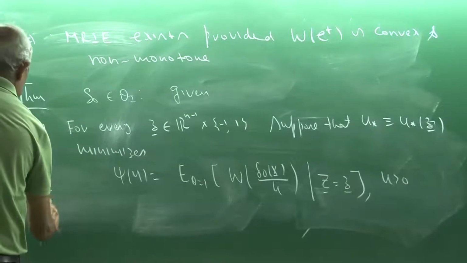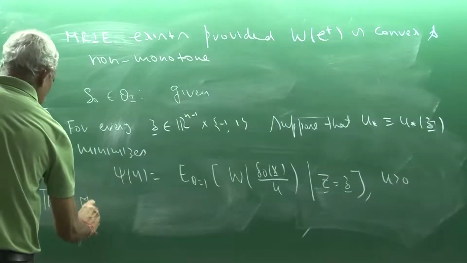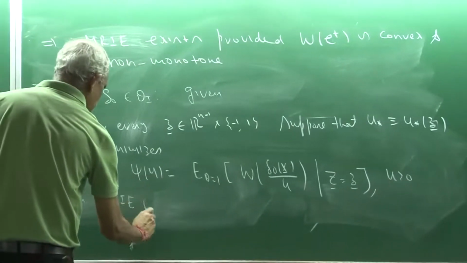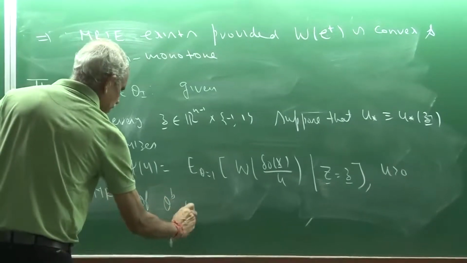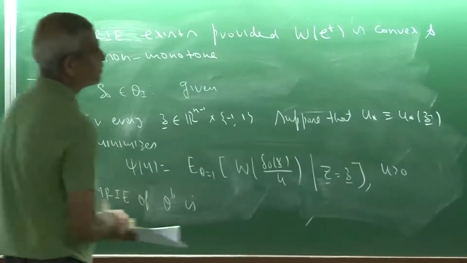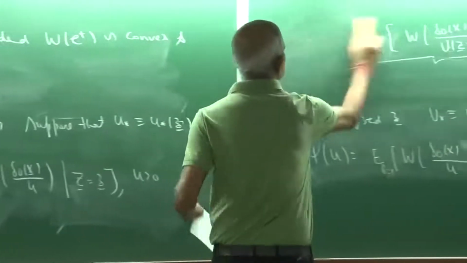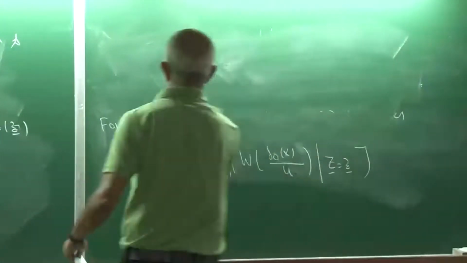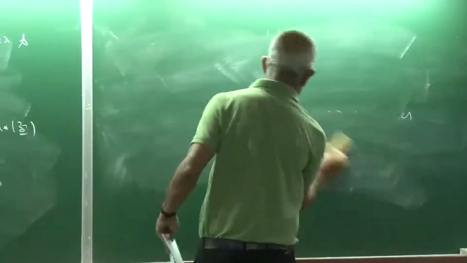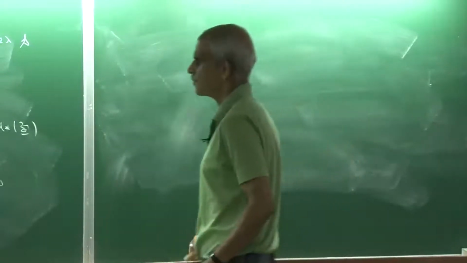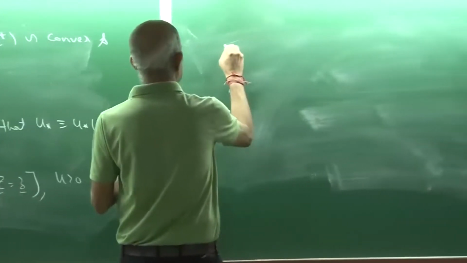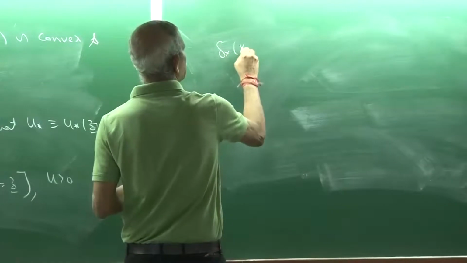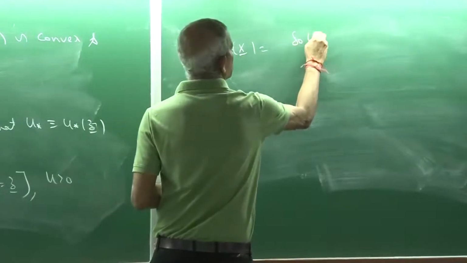Then the MRIE of theta to the power b is delta star x. Delta naught x was fixed.